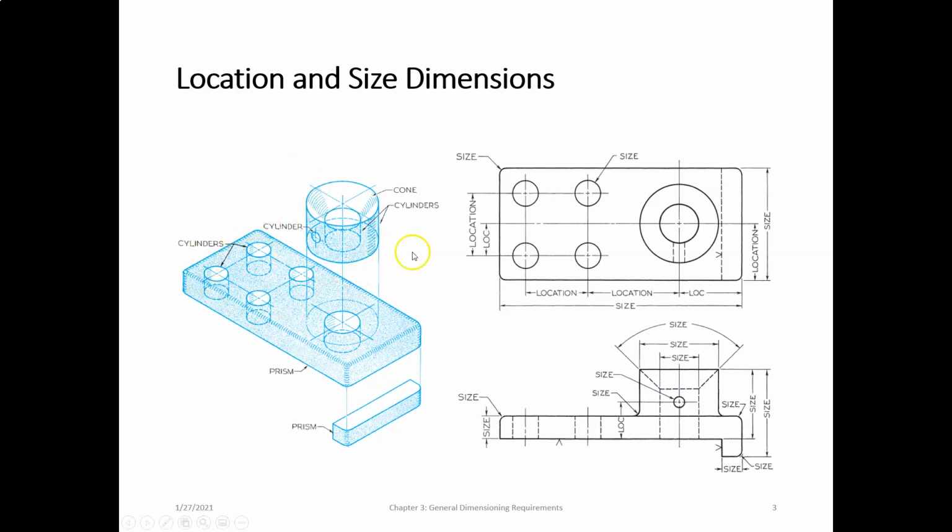So in this example here, we have a part that we are deconstructing into its three-dimensional primitives, and you can see we have a positive prism here. That's a box, right? We have another positive prism. So it's composed of these two positive prisms or boxes put together. We also have a series of four negative cylinders.